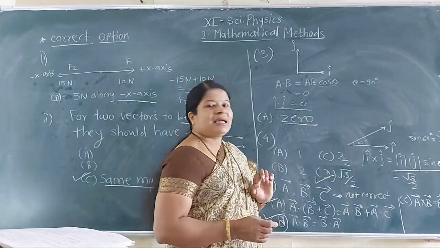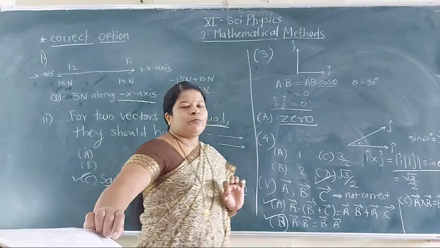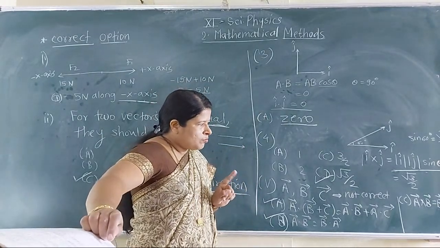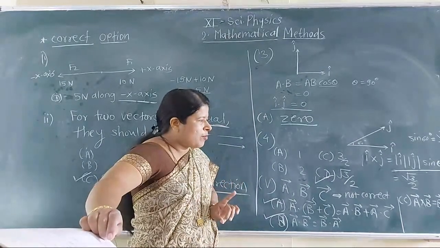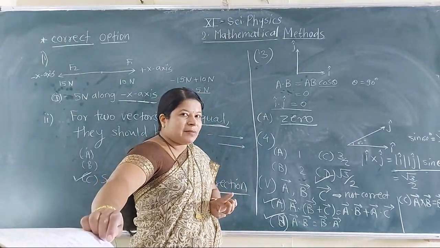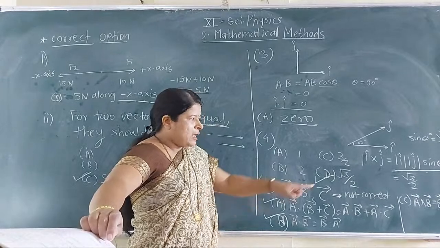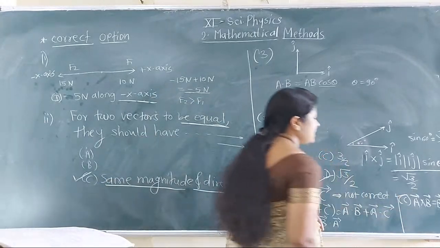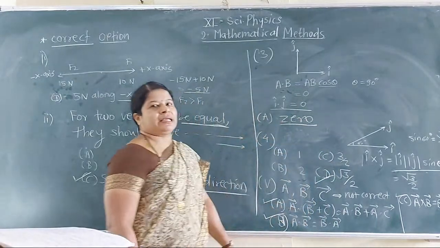We see in the characteristics of the cross product that the commutative property of vector multiplication is not obeyed for the cross product. So this option C is not correct.